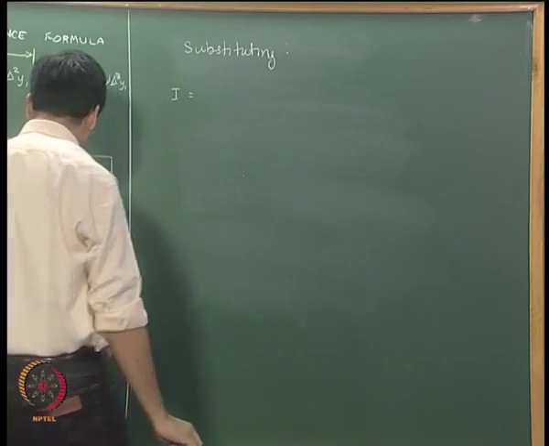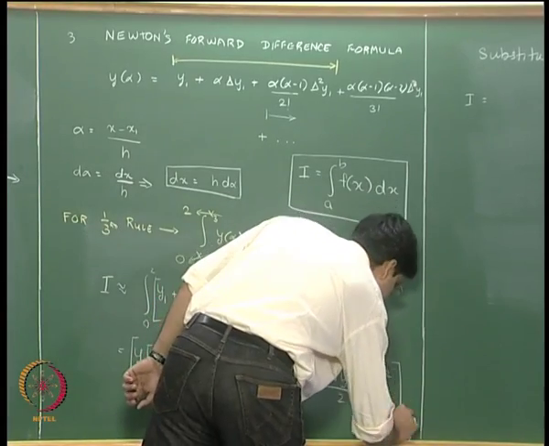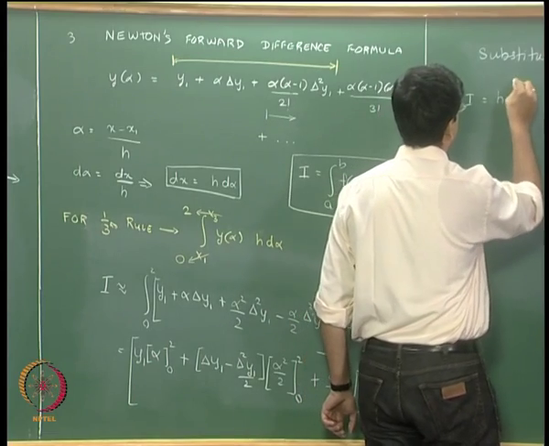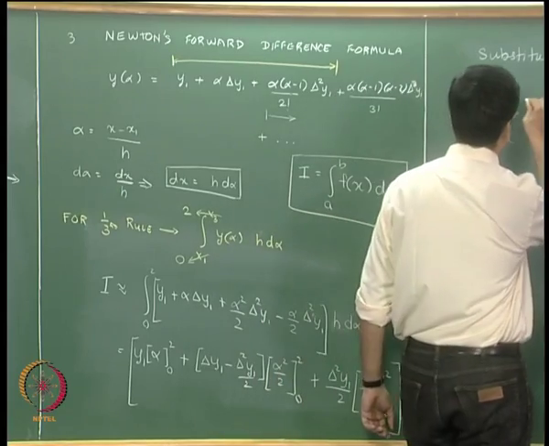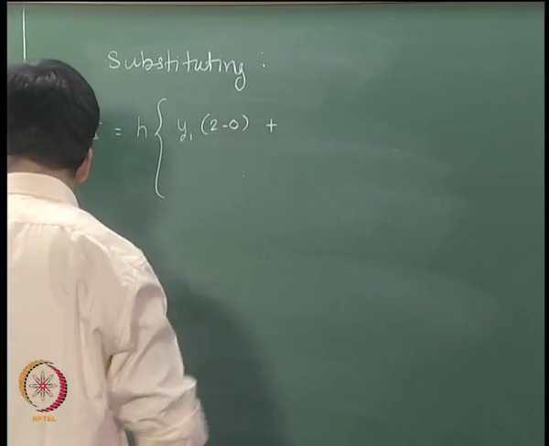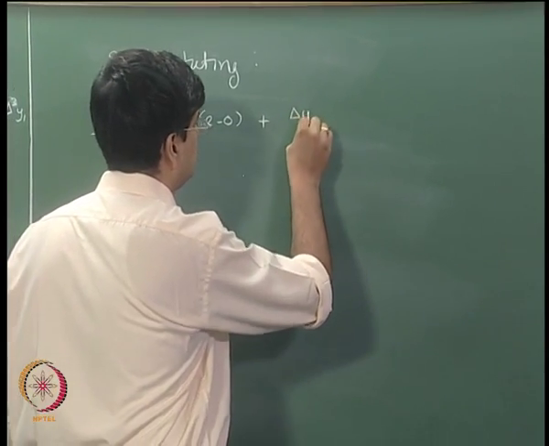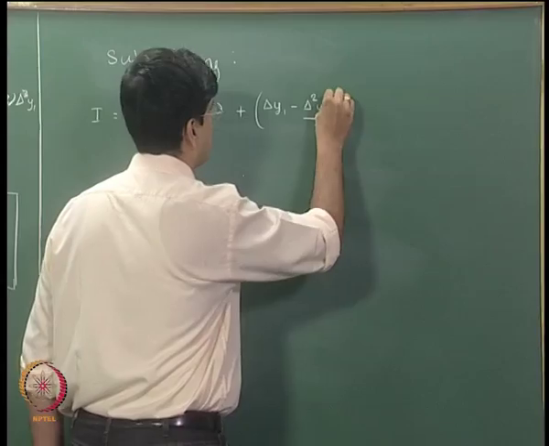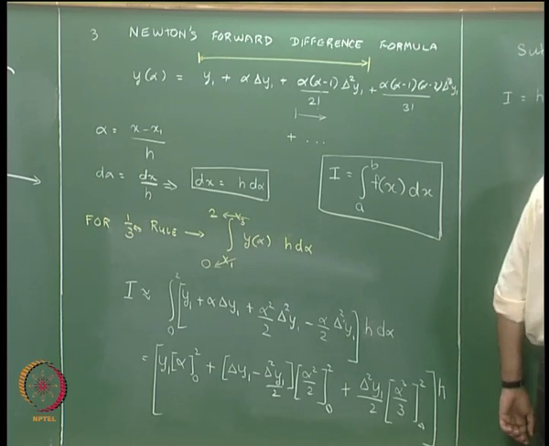And this whole thing will be multiplied by h. I keep forgetting this h all the time, so I will write that right in the beginning. So we have h multiplied by y1 multiplied by 2 minus 0, plus delta y1 minus delta squared y1 by 2 multiplied by alpha squared by 2.